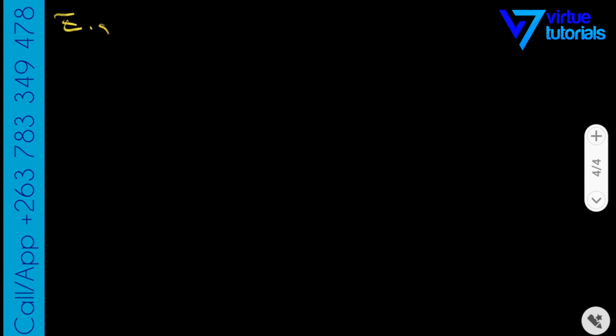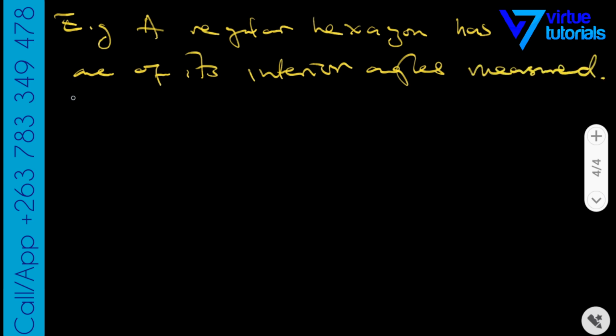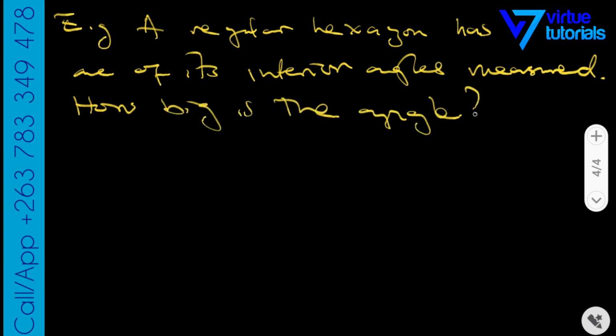Example: a regular hexagon has one of its interior angles measured. How big is the angle?